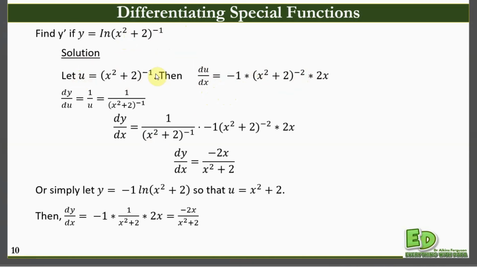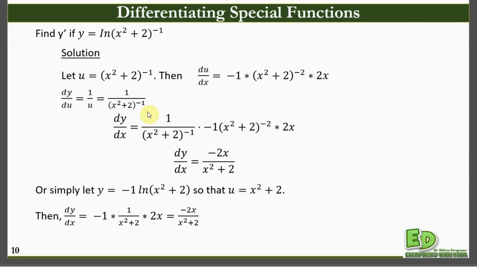Bring the power in front of the function, reduce the power by 1, that gives minus 2, and multiply by the differential of what is in the bracket, x squared plus 2, which gives 2x. So back substitute it into the formula.